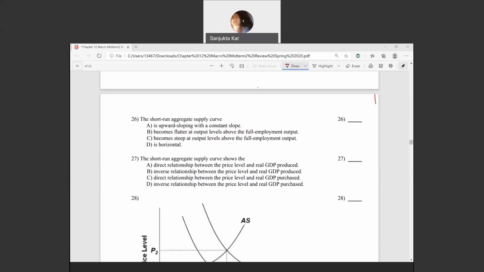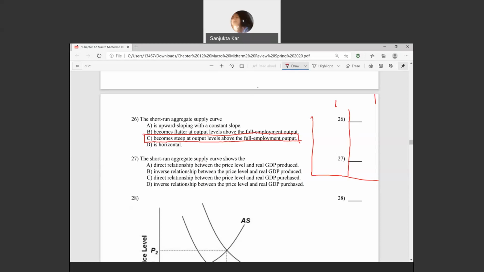Okay. So next we take a look at question number 26, which says the short run aggregate supply curve becomes steep at output level above the full employment output. So this is what the aggregate supply curve looks like.